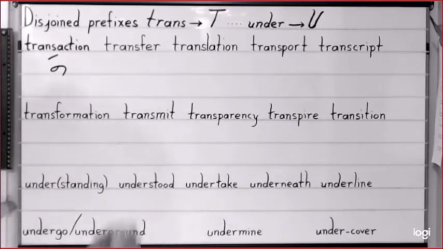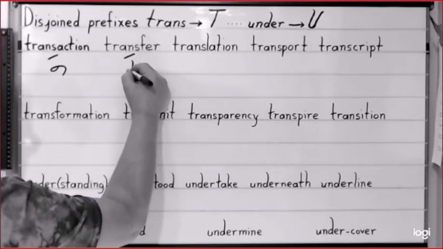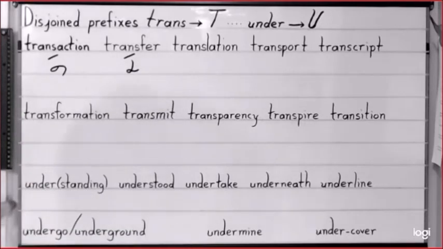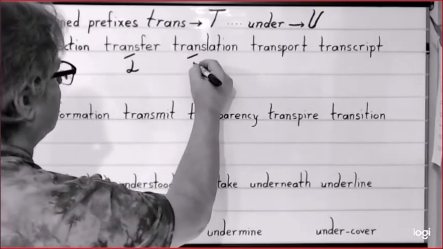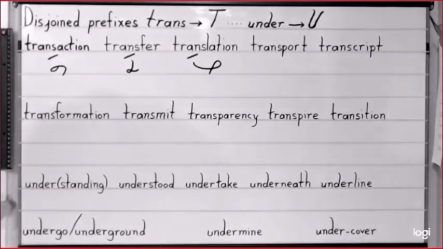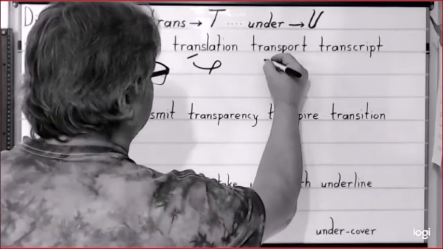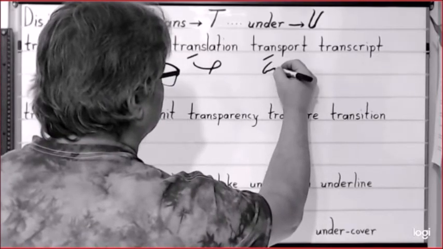For transfer, it will be a T, then an F, E, R. For translation, it is a T, then an L, A, SH. For transport, it will be a T, P, O, and T.